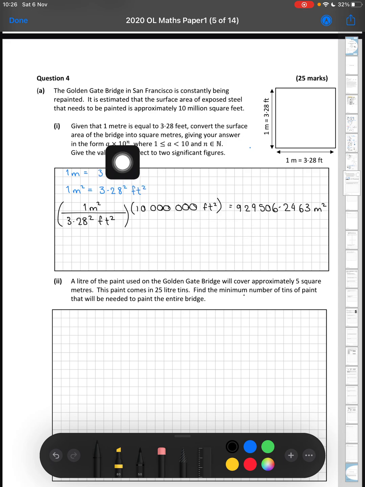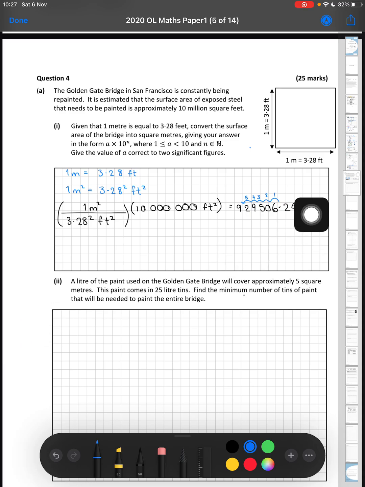It says giving your answer in the form, and it's essentially telling us that it wants it in scientific notation. So what was scientific notation? It means that I want the decimal after the first number, and then I say multiplied by 10 to the power of something. The something we get from how many places the decimal moves.